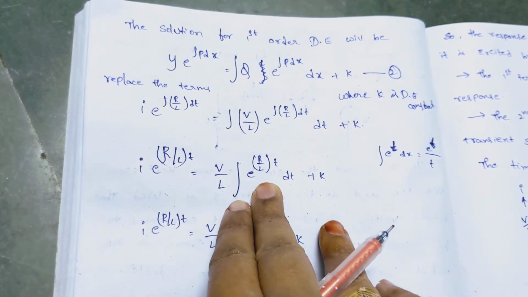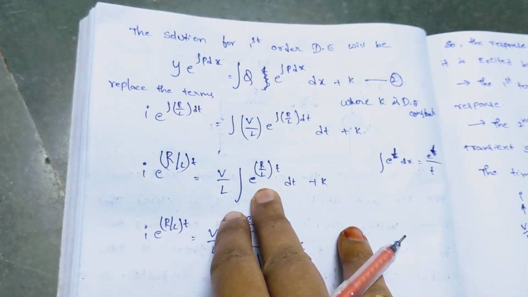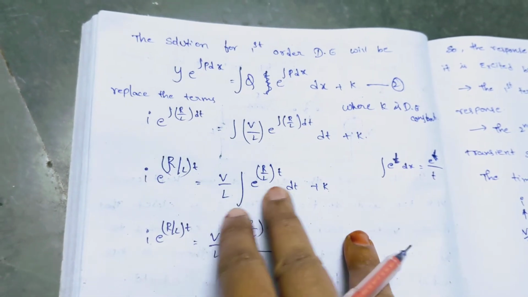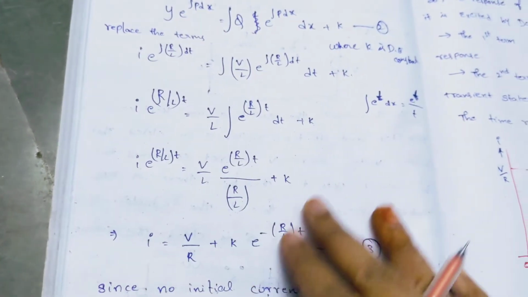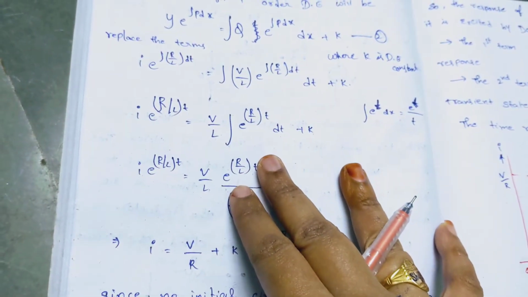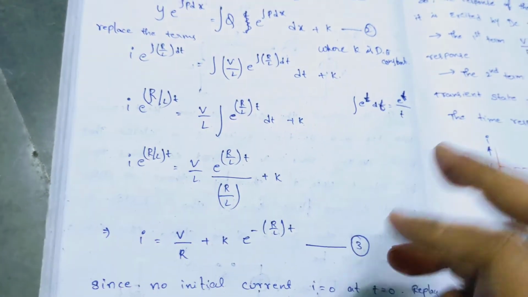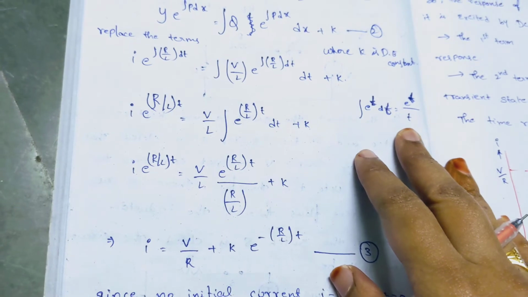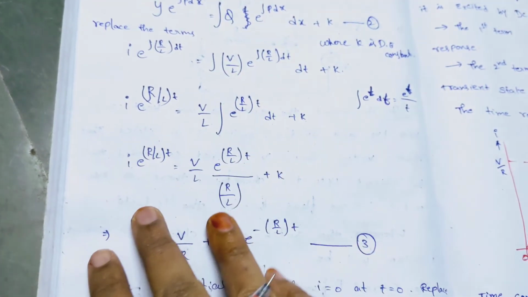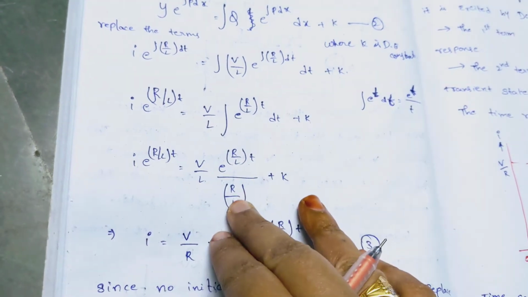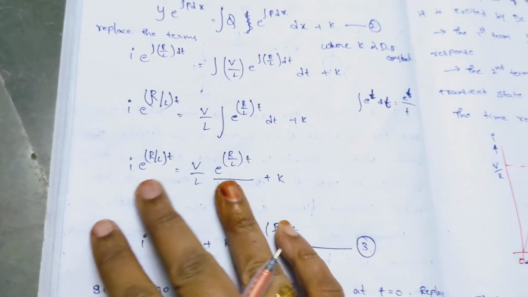The integration of e power Rt by L dt gives e power Rt by L divided by R by L. When I rearrange the terms, the inductance value L cancels.